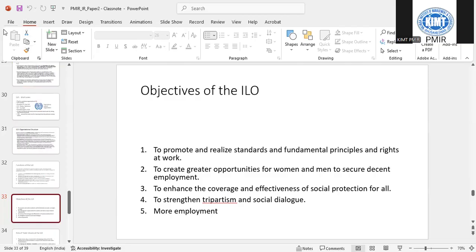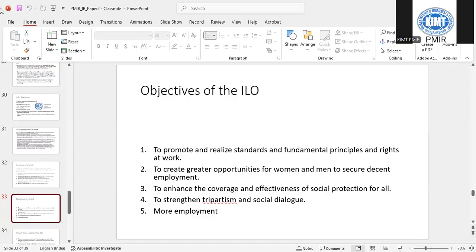And it's creating more. Suppose one country has a very high unemployment rate. So what steps can we apply to improve the employment rate? So that is one step, one function, one objective of ILO.